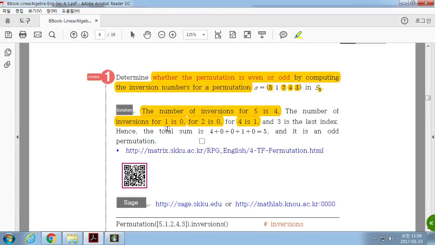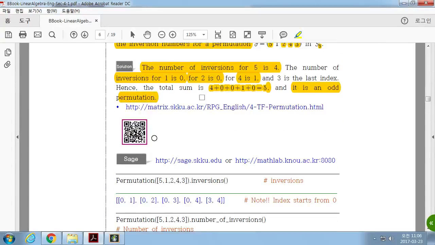Okay, so what's the total number of inversions? 4 plus 0 plus 0 plus 1 plus 0. So what is it? 5. So we have 5 inversions in this permutation function. This is an odd number of inversions, so this is going to be an odd permutation.